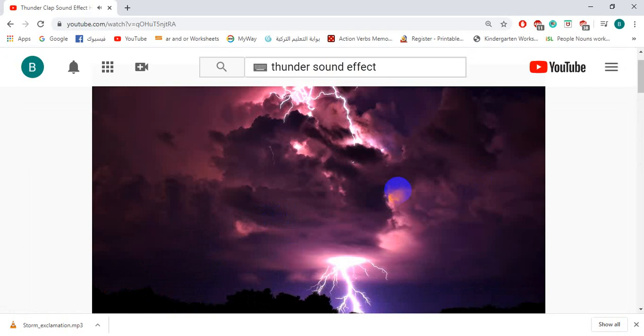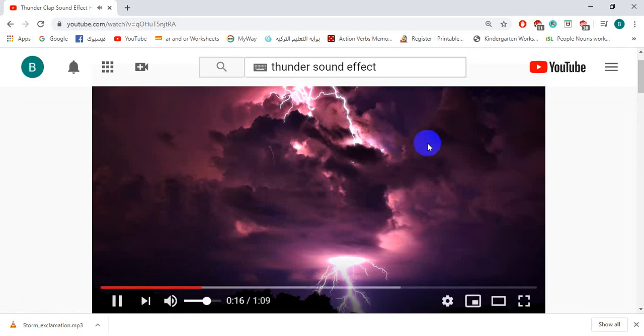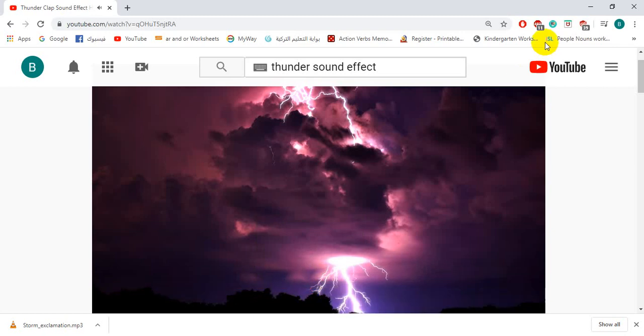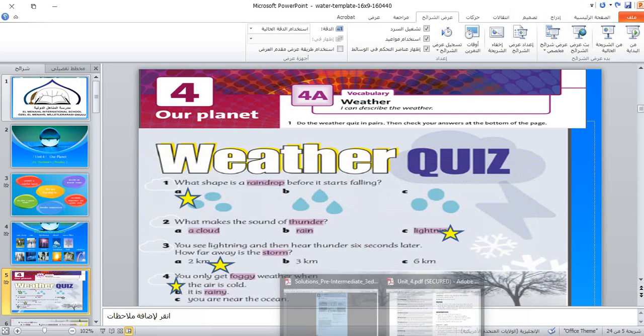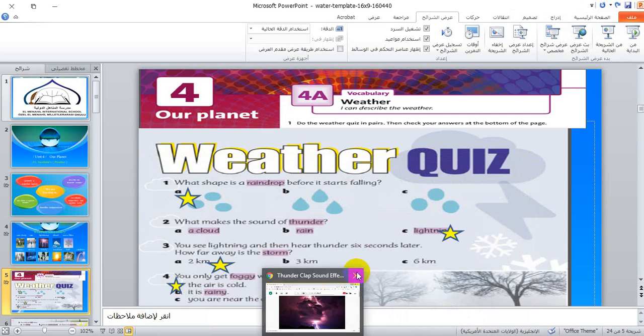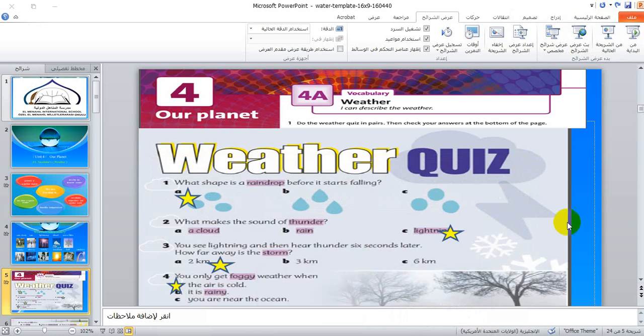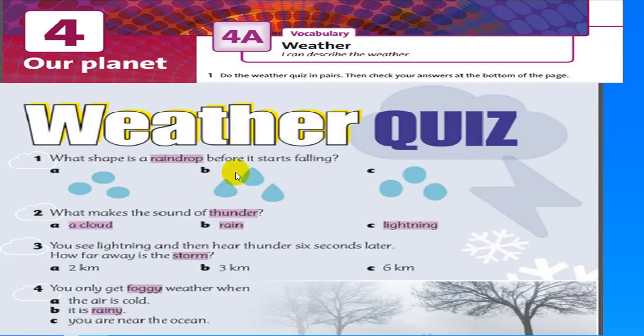It's the sound which accompanies the lightning. Wow, very strong thunder. Okay. So now, what makes the sound of thunder?